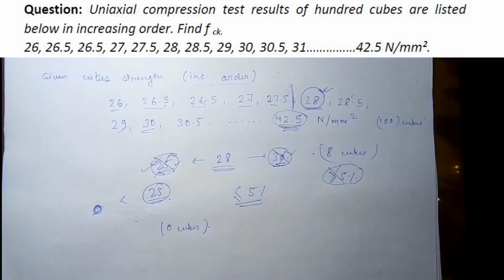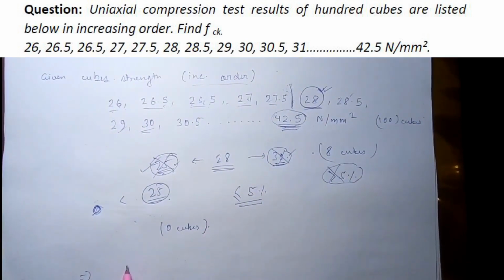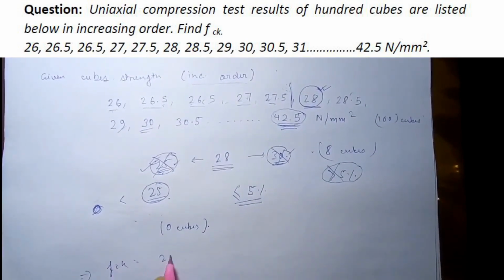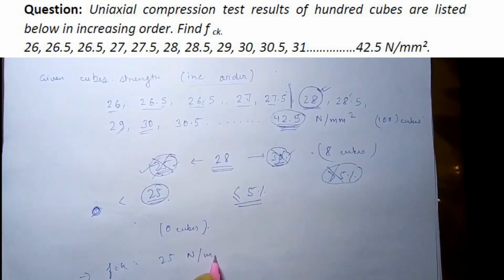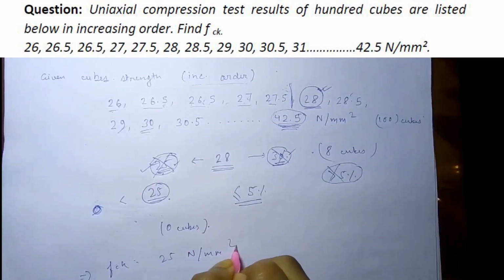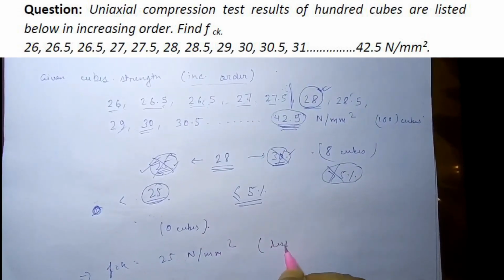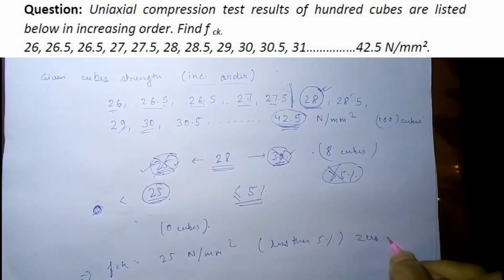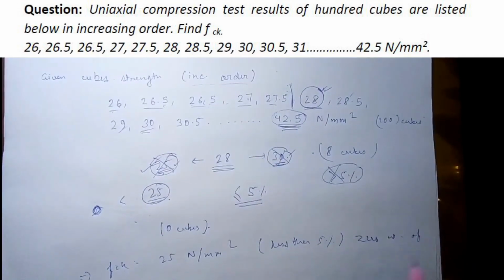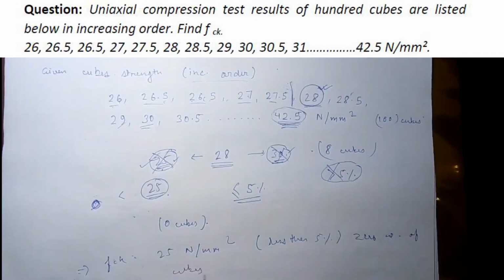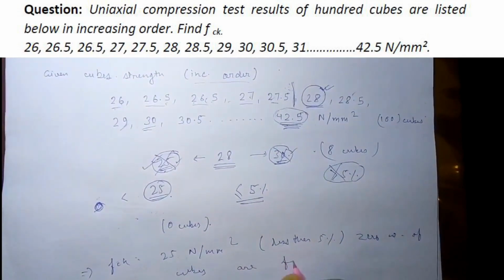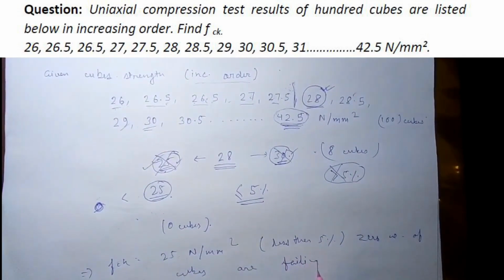So I can conclude the statement that for fck equal to 25 Newton per mm square, I will say that less than 5%, 0 number of cubes are failing.